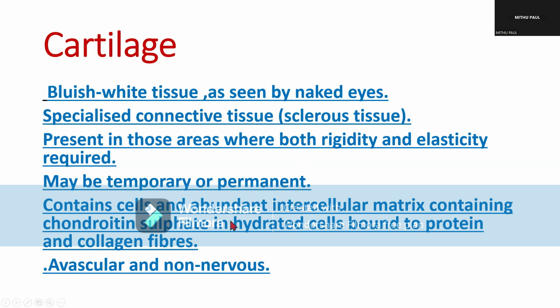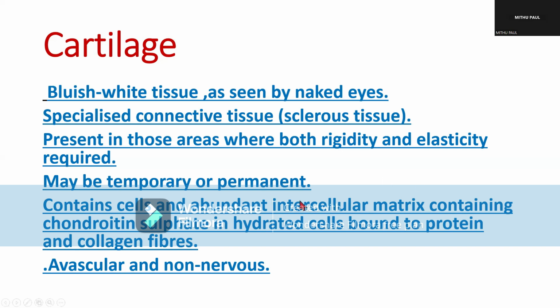Now, in the component part of the cartilage, we will encounter the cartilage cells that we have already said in our last presentation. They are the chondroblast and the chondrocytes. Other than the cartilage cells, we will see abundant intercellular matrix to support and surround the cartilage cells.